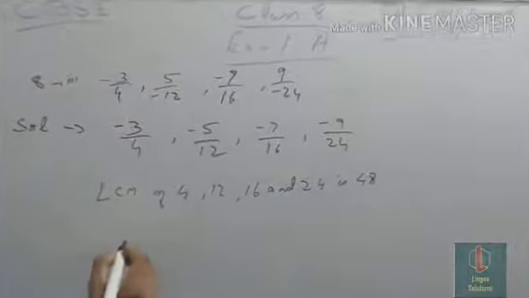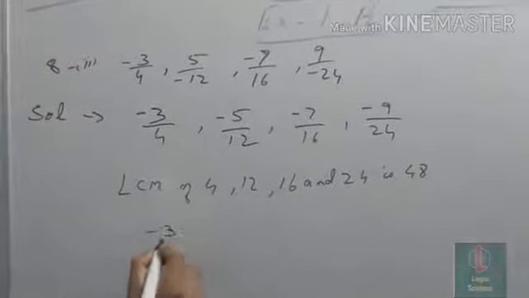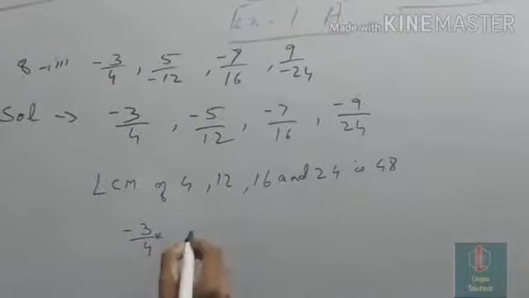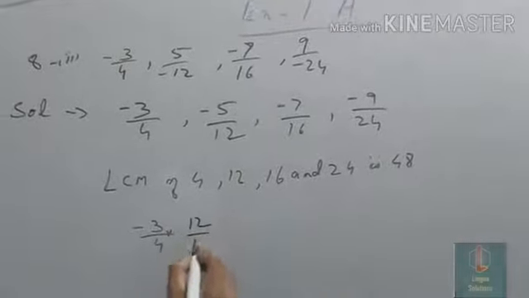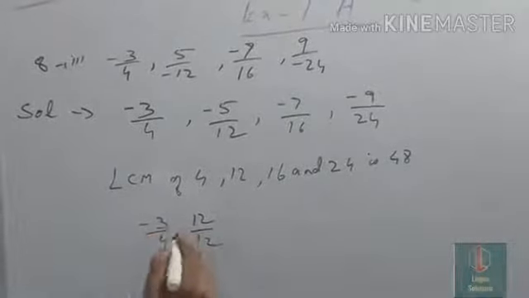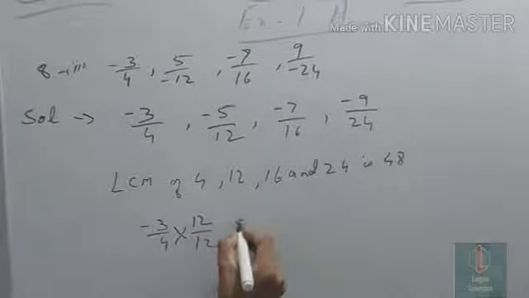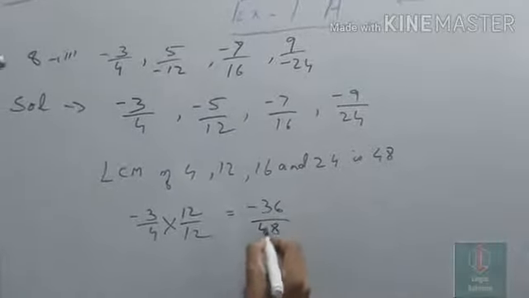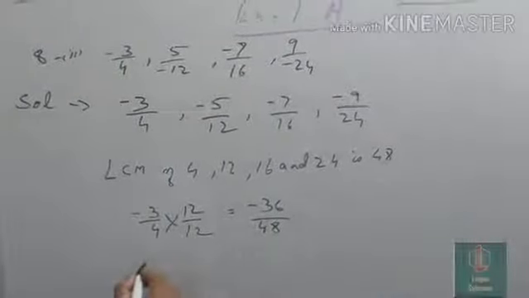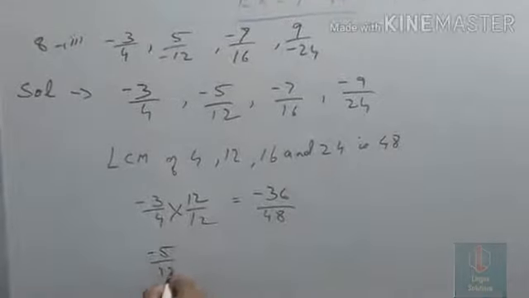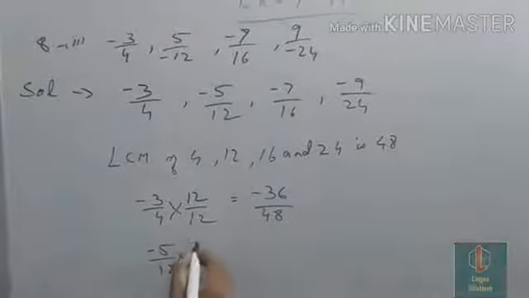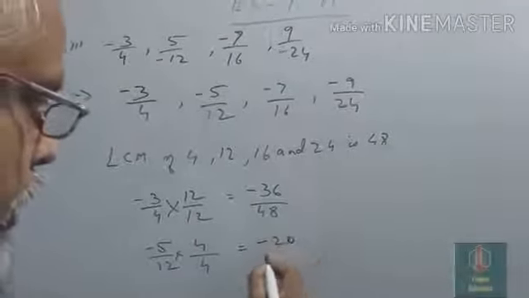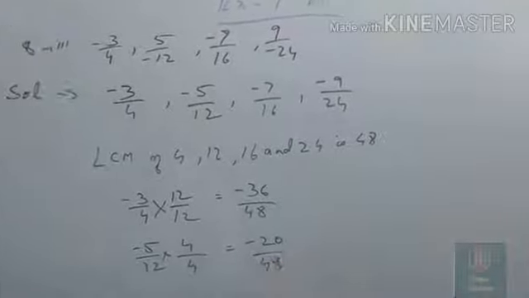Now come to the term minus 3 by 4 into 12 by 12. We get minus 36 by 48. Minus 5 by 12 into 4 by 4, we get minus 20 by 48.